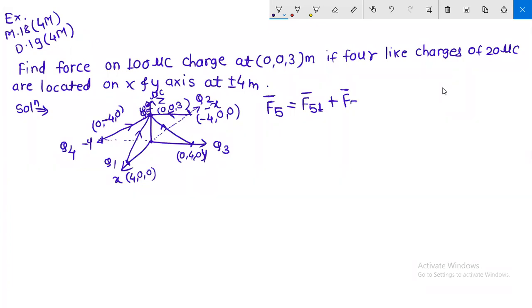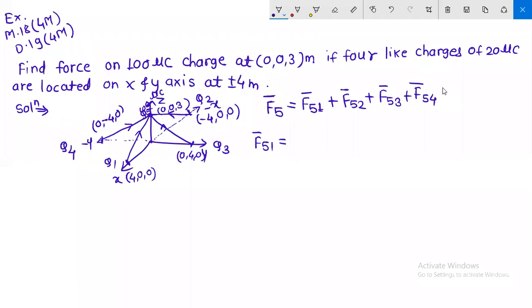Then plus force acting on charge Q5 due to charge Q3 is F bar 5 3, and plus force acting on charge Q5 due to charge Q4 is F bar 5 4. So this total force is the addition of these 4 forces. Okay, so you have to find the single forces.